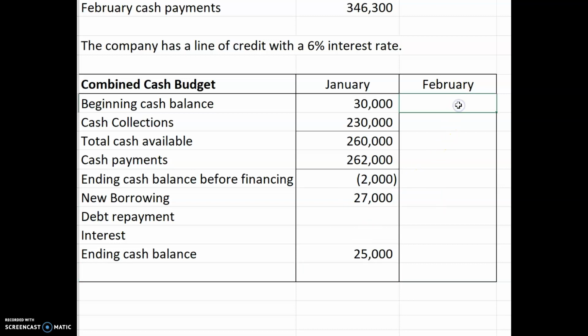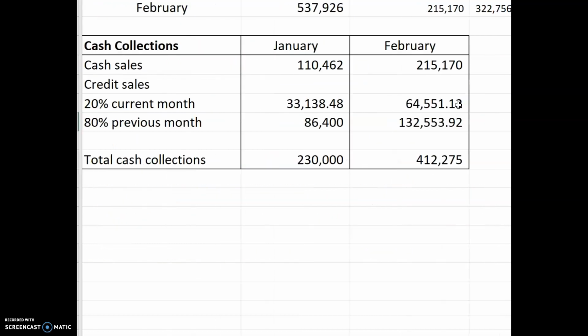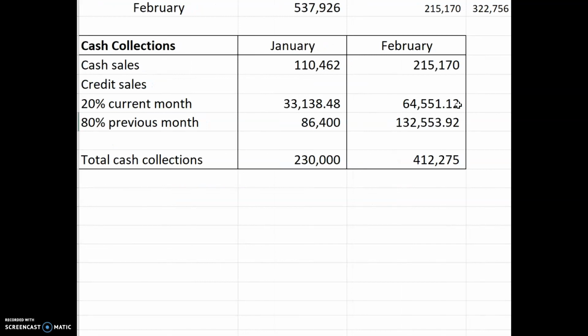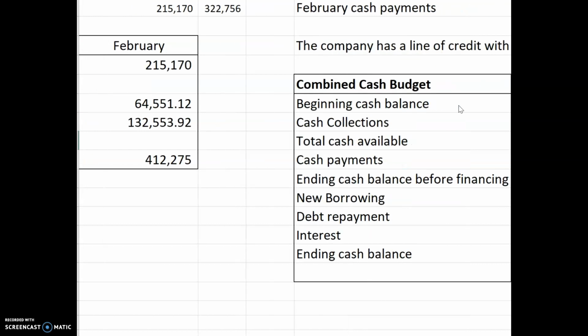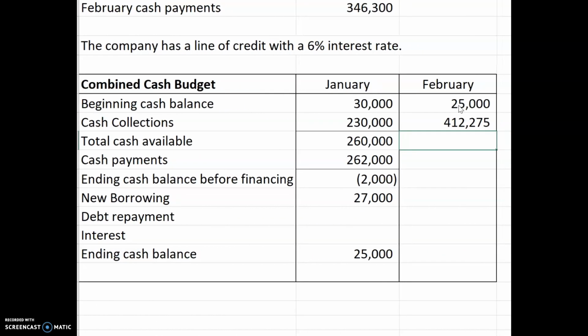So our ending cash balance for January becomes our beginning cash balance for February. We'll go to the cash collections budget to get the cash collections for February. We can see it's $412,275. And so we can combine to get our total cash available.